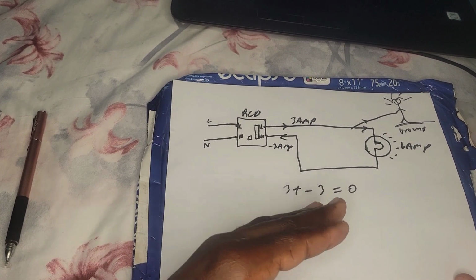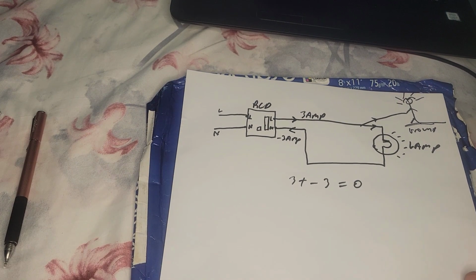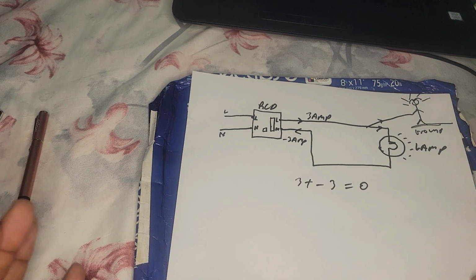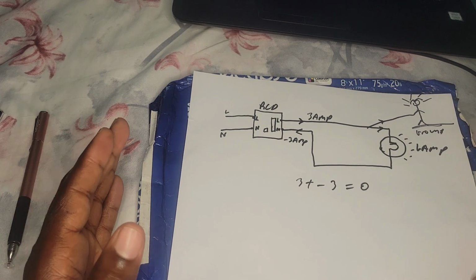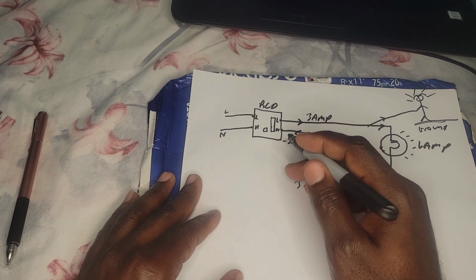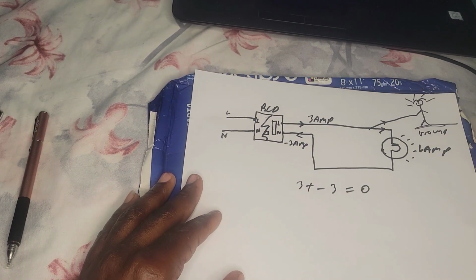What I sent out is not what I get back. And just to simplify it, an excitation current will be sent to the trip relay, and the switching mechanism will be activated, and the RCD will open and break the circuit.